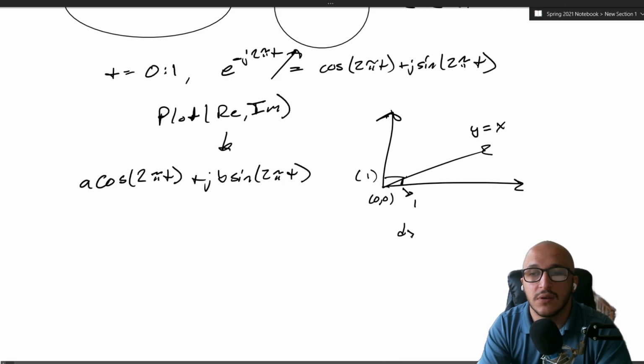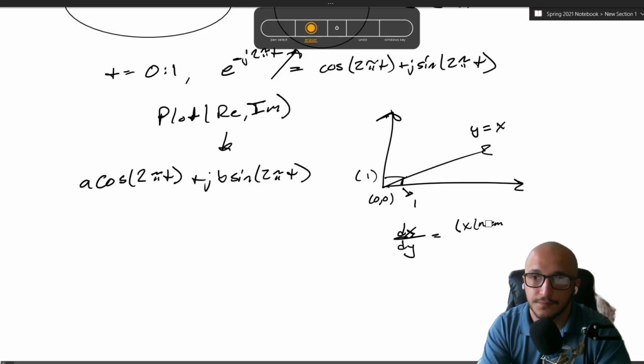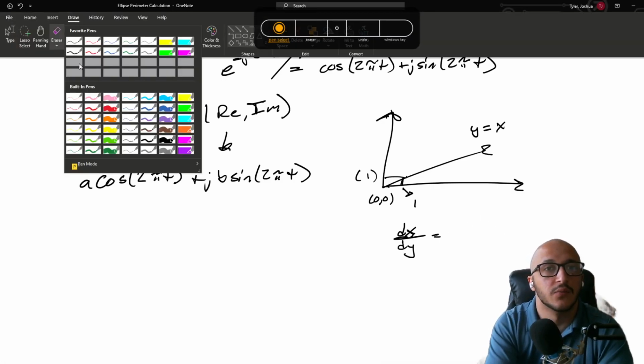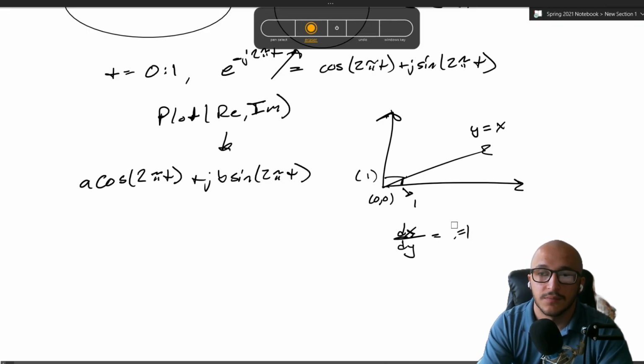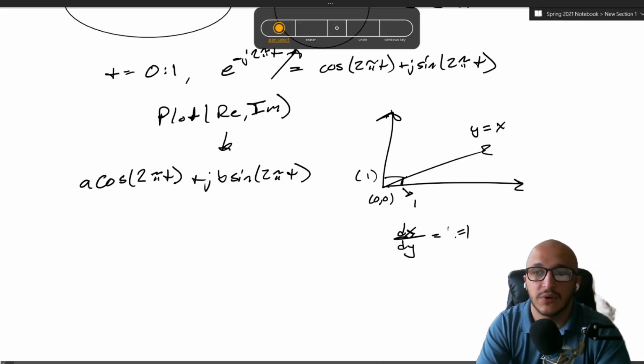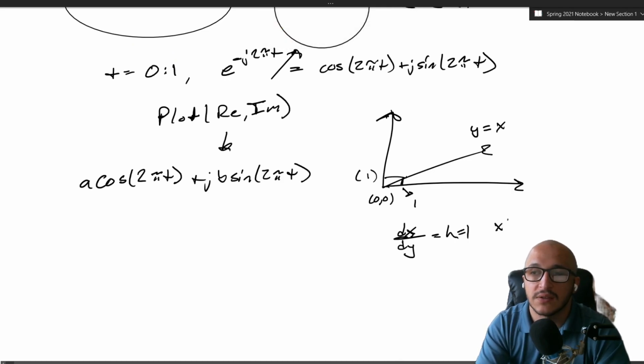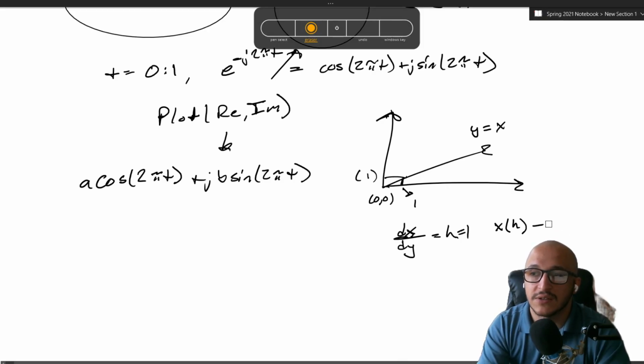We can calculate the change in x over change in y. Let's say we have h equals 1. That's our step size. Then we have x of h minus x of h minus 1.